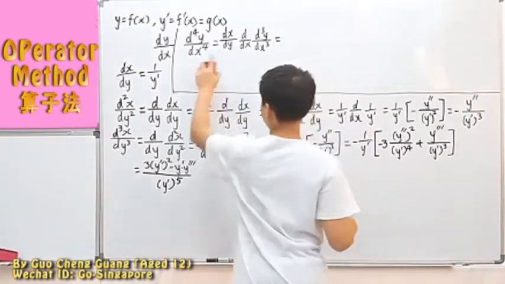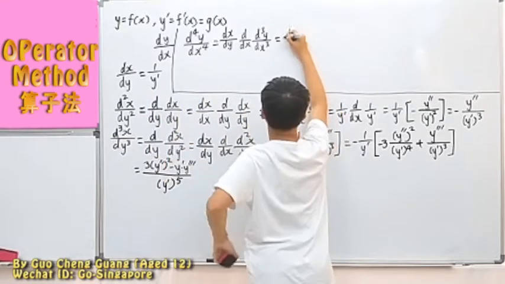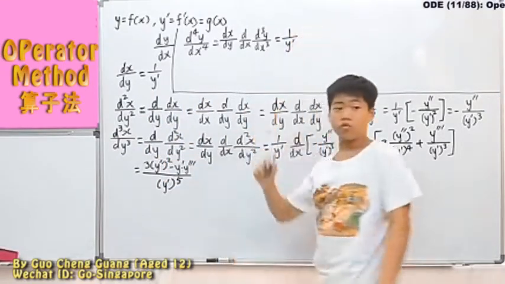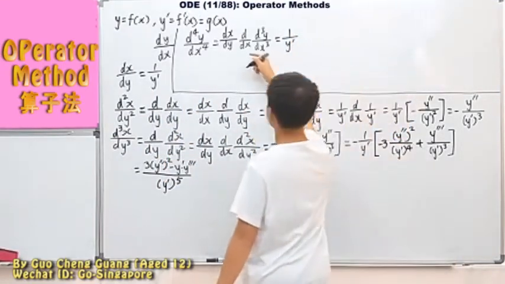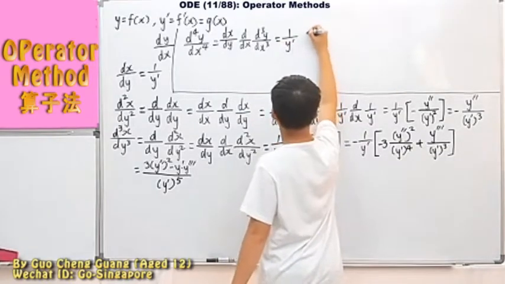From the first part, you also can use this. So here you have 1 over y first derivative, then at this part.